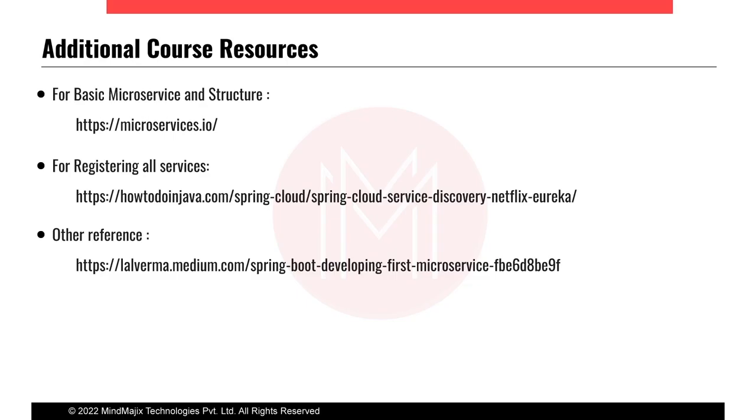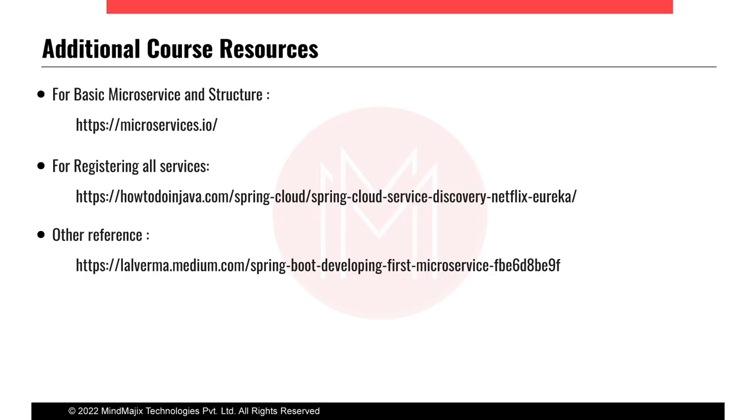You can follow this microservice IO for registering all services. Registering all services means the microservices we develop need to be stored in a registry or a server, right? For that server, I have given some references to you. We can look into that.